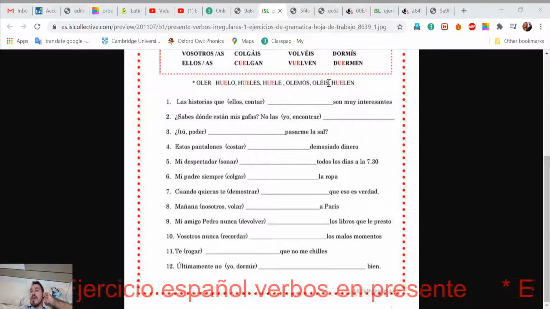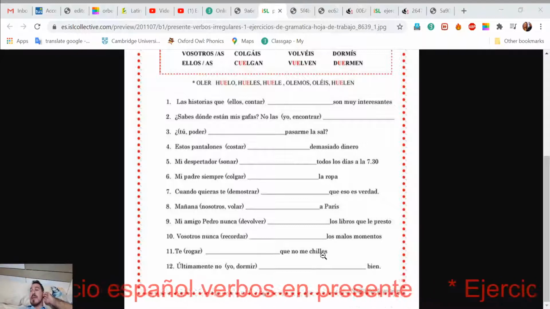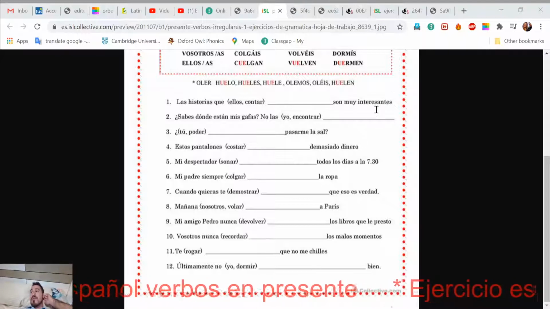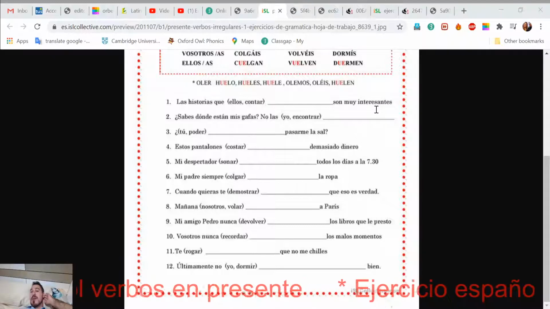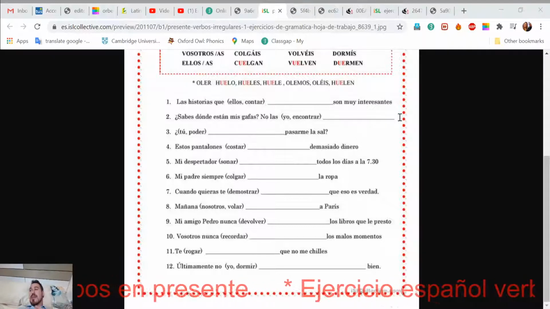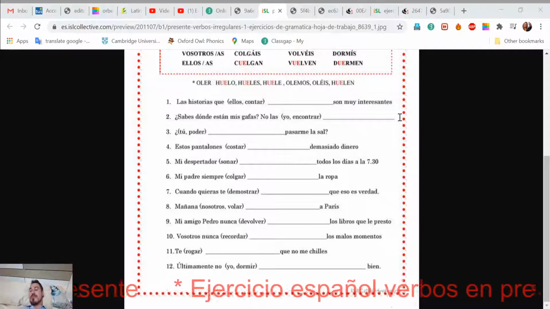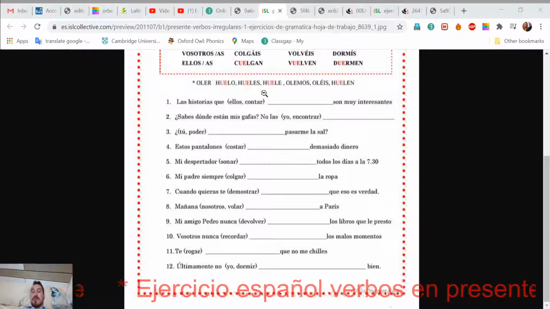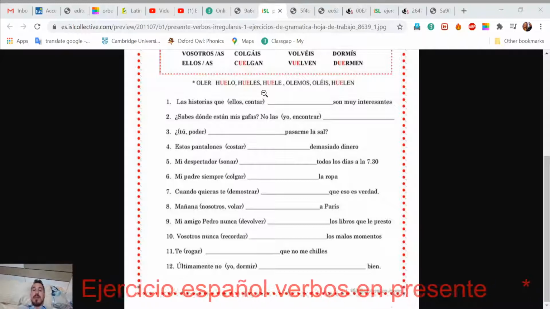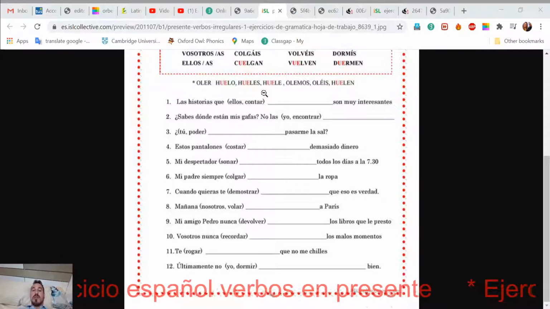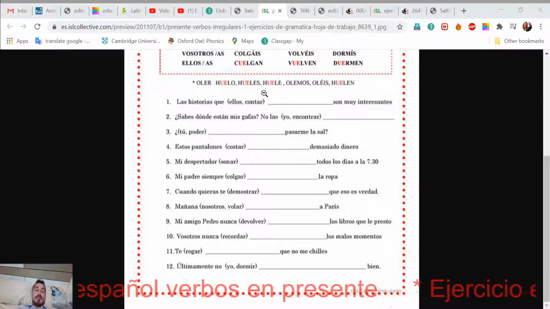So for the AR verbs, it's gonna be an E. For the other two, ER or IR, it's gonna be an A. It's kind of like the opposite to the normal present simple. Anyway, so I beg you not to shout at me. Te ruego que no me chilles.